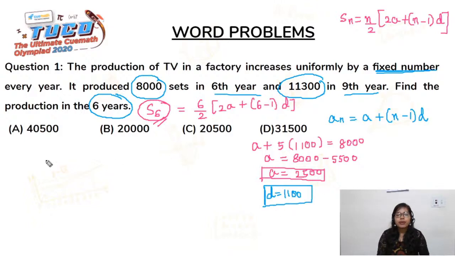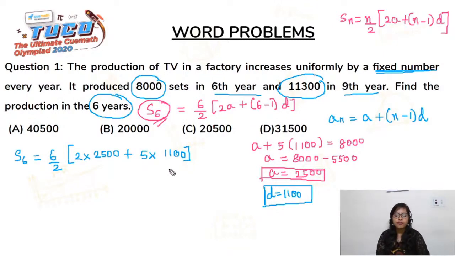So coming back to S6, S6 is equal to 6 over 2, times 2a, 2 times a is 2,500, plus n minus 1, which is nothing but 5 times d. What is d? 1,100. So this is what we have for S6. Now we are going to solve this. This is going to give us a 3.